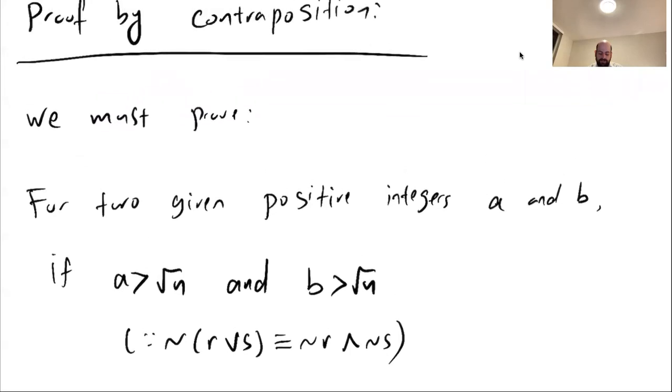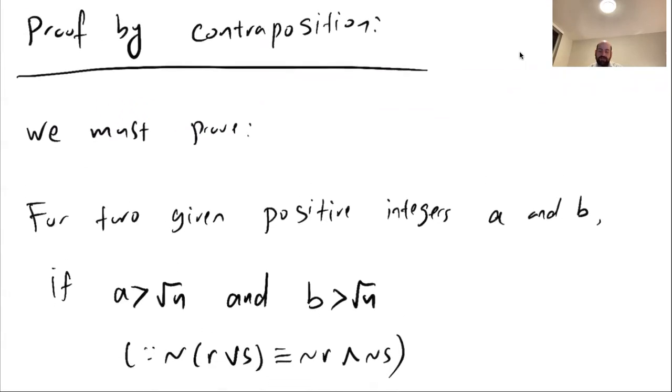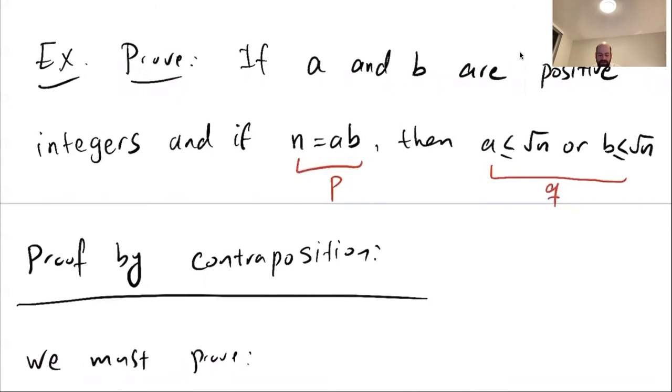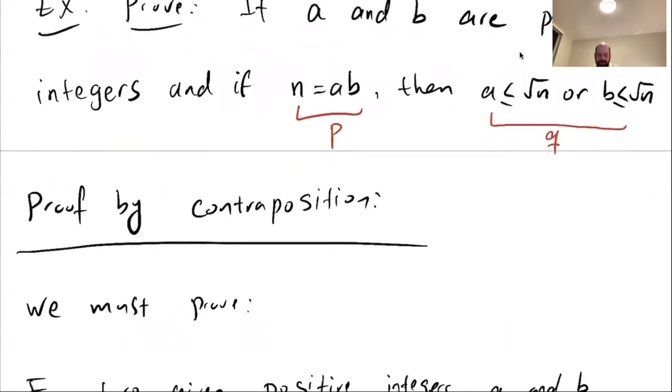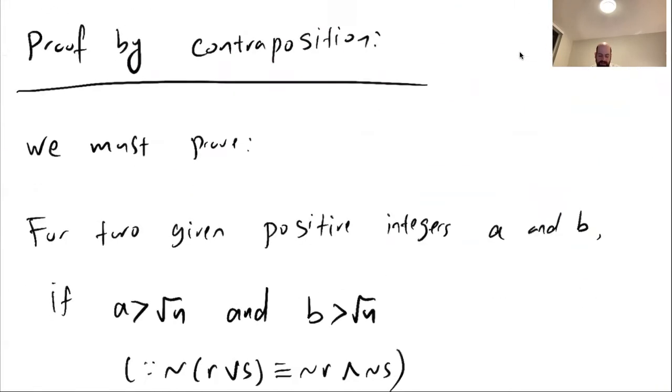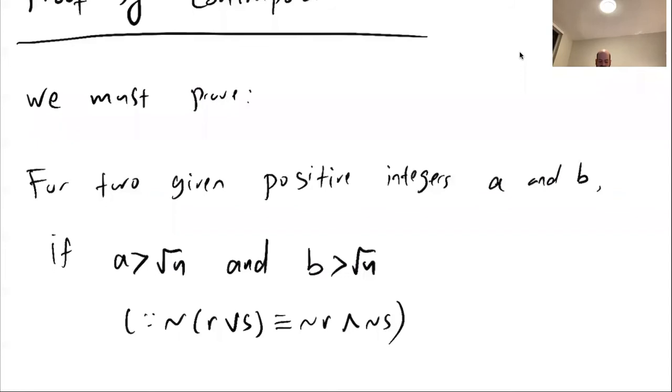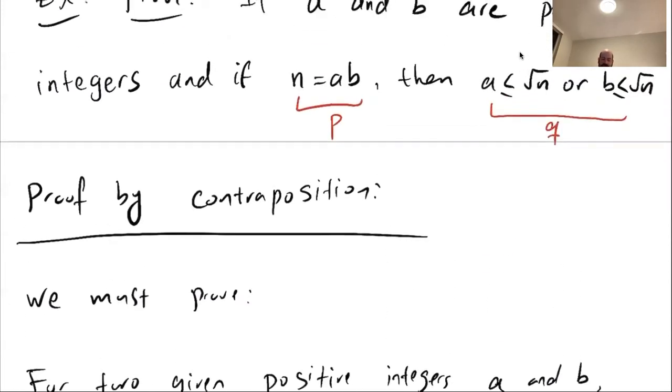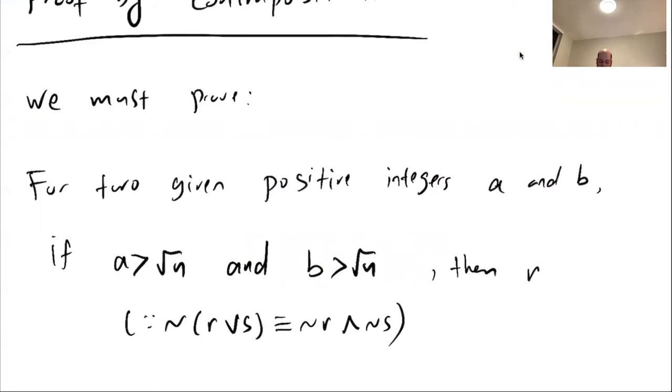Negation of r or s is equivalent with negation r and negation s. So negation of a less than root n or b is less than root n is a is bigger than root n and b is bigger than root n. Then, and what is the negation of n equals ab? n is not equal to ab.